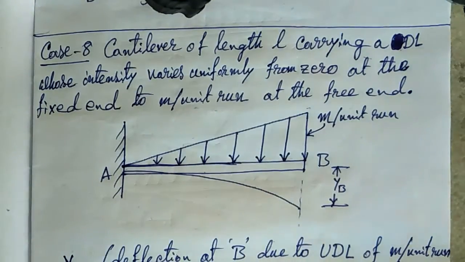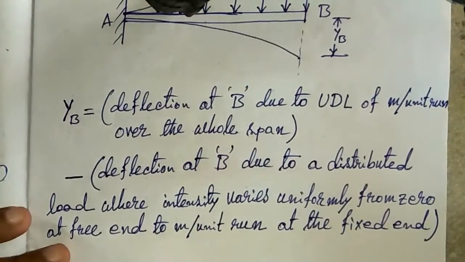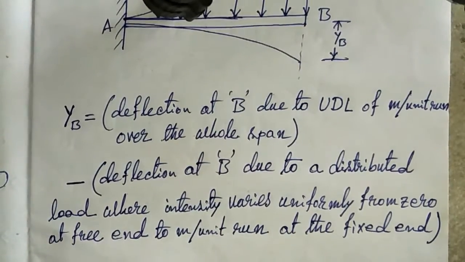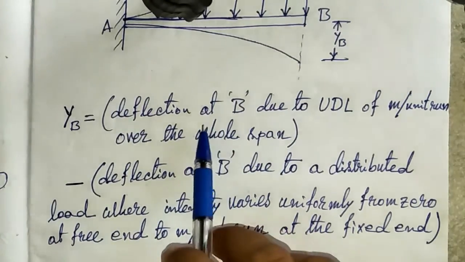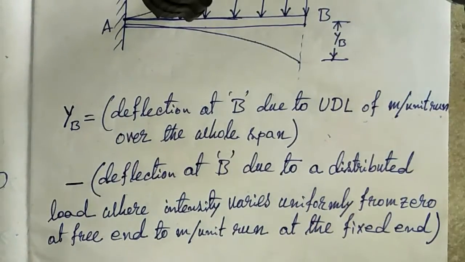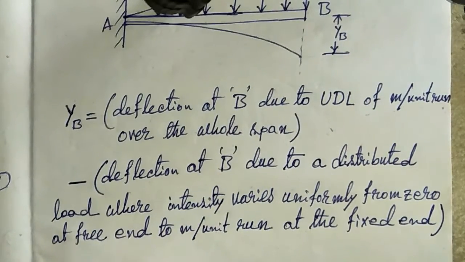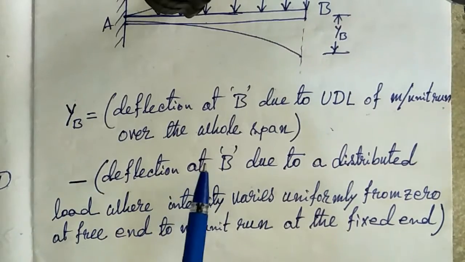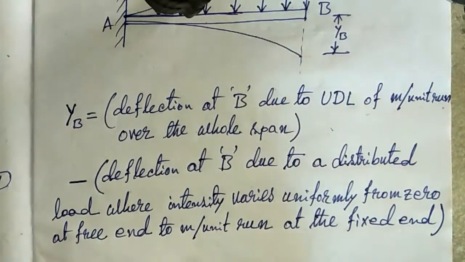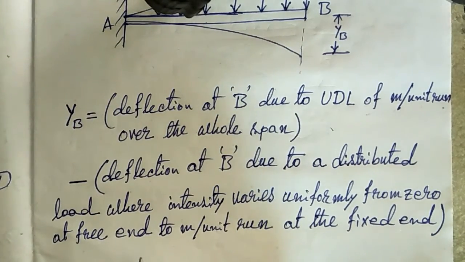So in this case the deflection at point B, YB, is nothing but the deflection at B due to the UDL of M per unit run over the whole span, minus the deflection at point B due to a distributed load where the intensity varies uniformly from 0 at the free end to M per unit run at the fixed end.